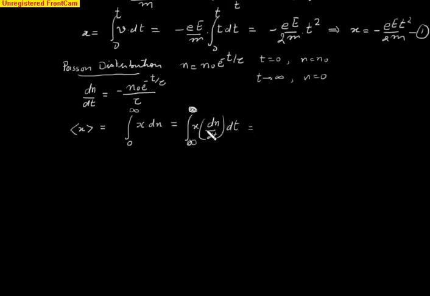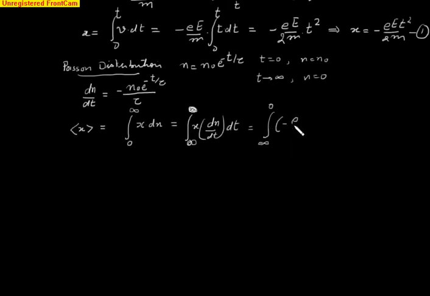And if it is so, let us substitute the value of x and the value of dn by dt. We will take the value of x from here. So we will write integration from infinity to 0.